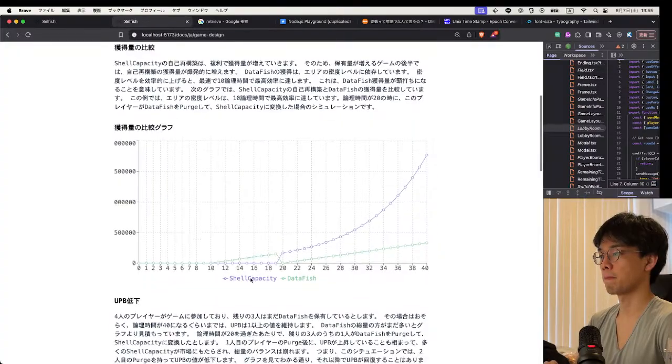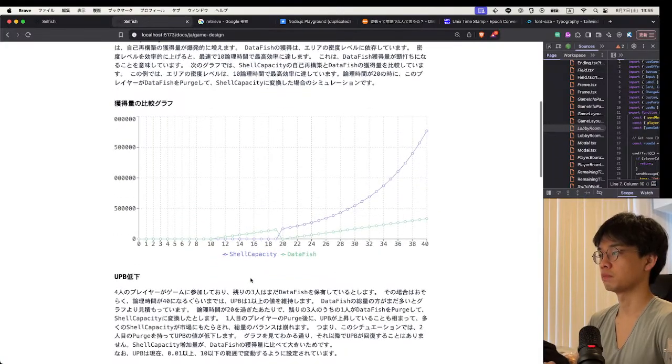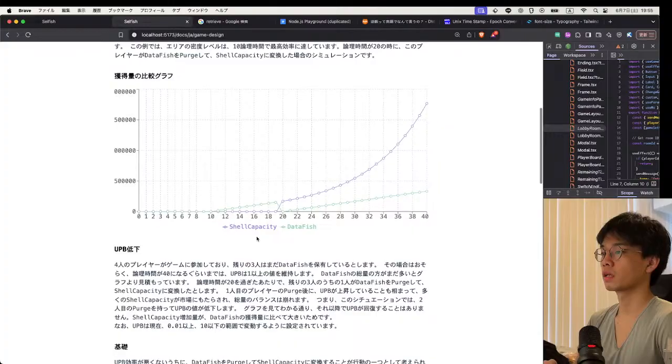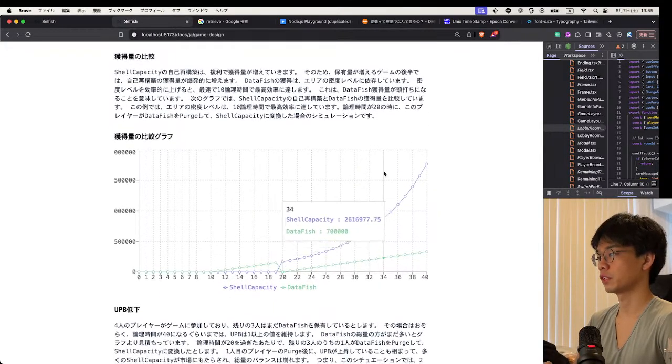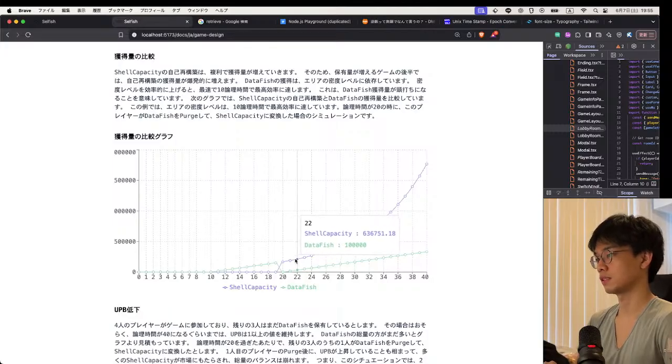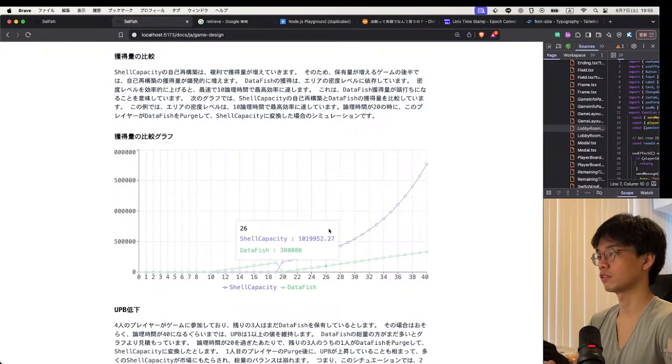This is a simulation. As you can see, after 20 logical time, the shell capacity is going up exponentially, because this value is going up by compound interest.